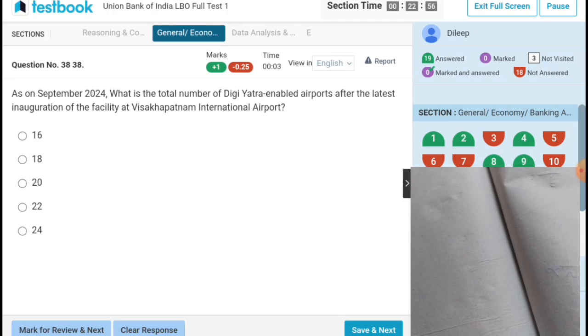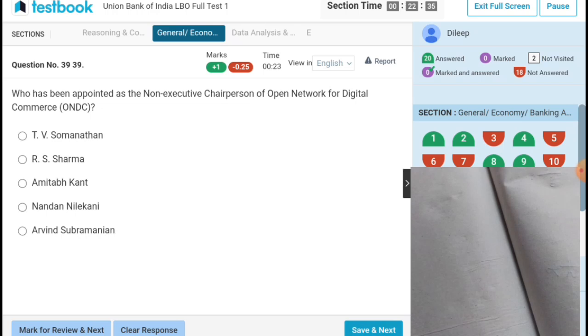Digi Yatra 16. I think on September 2024, what is the total number of Digi Yatra enabled airports after the latest inauguration of facility at Visakhapatnam? 16 or 18? 24, I think. Open Network Digital Commerce.